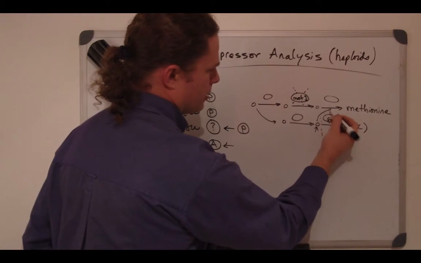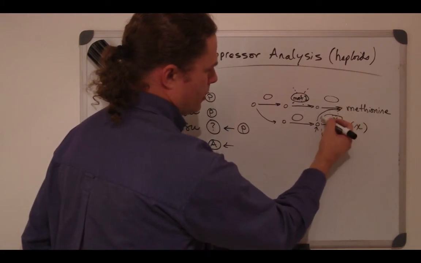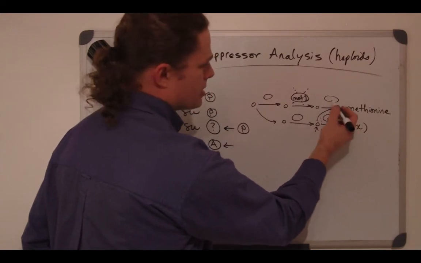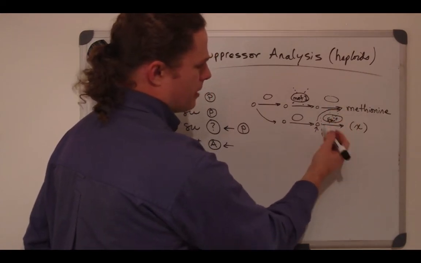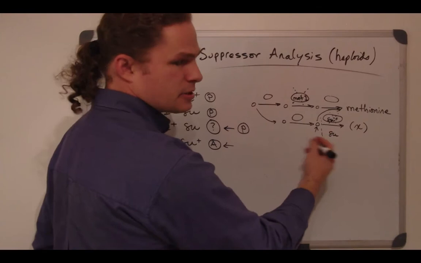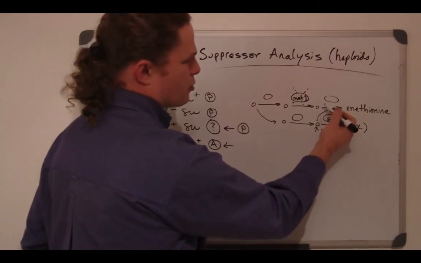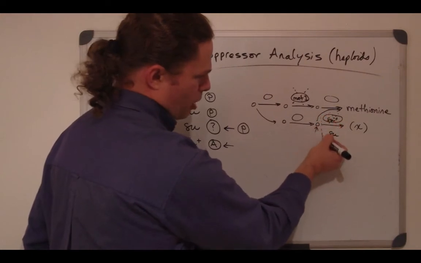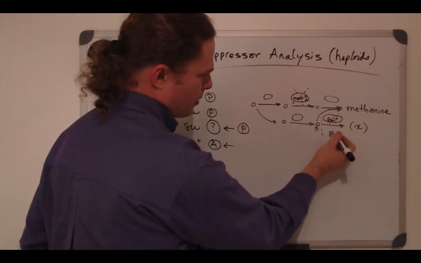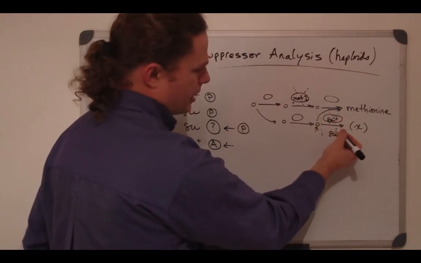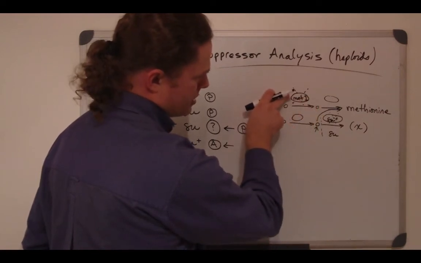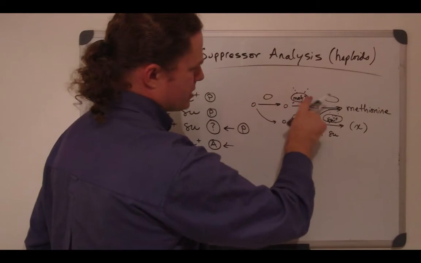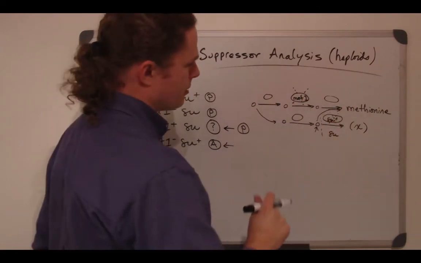And now this enzyme might be able to use this as a substrate to convert to methionine, simply because once the concentration increases to a sufficient level, it's enough to drive this reaction forward through this enzyme. So as a result, having a block here with this loss of this enzyme can act to suppress the loss of this enzyme, simply because we can now bypass the defective step in the methionine biosynthesis pathway.